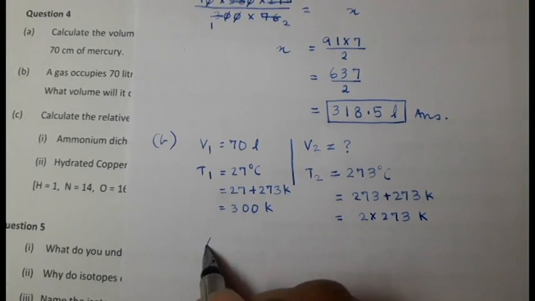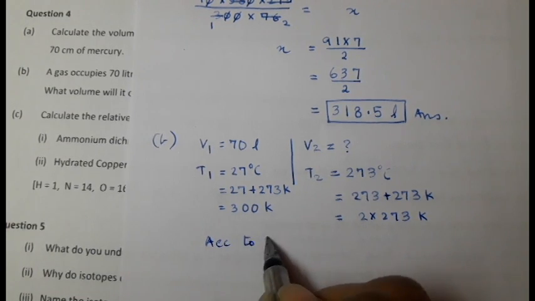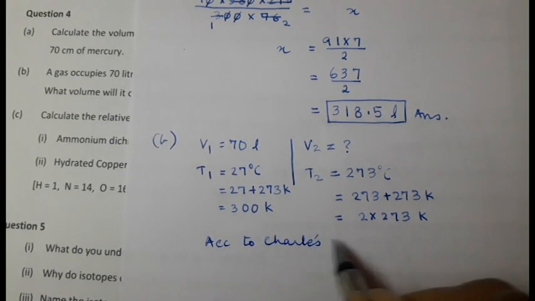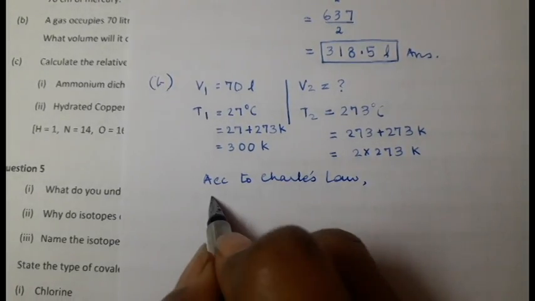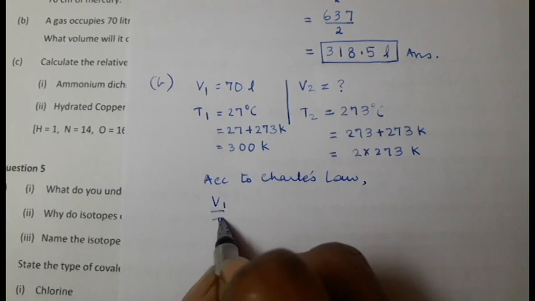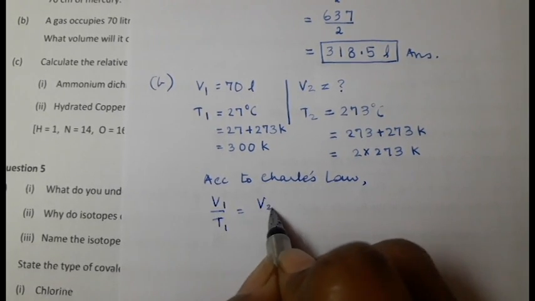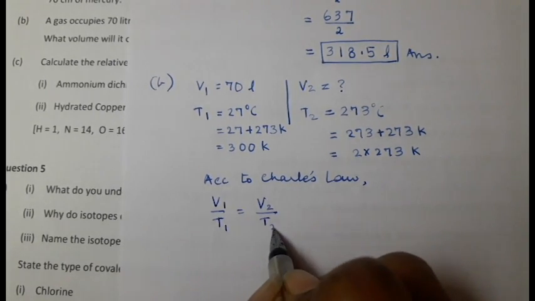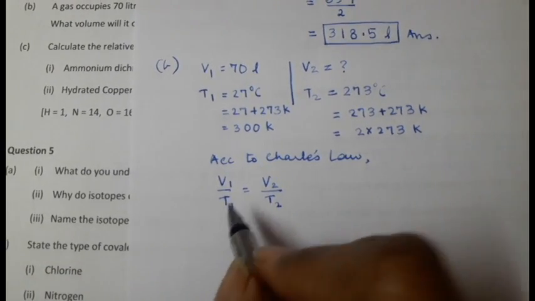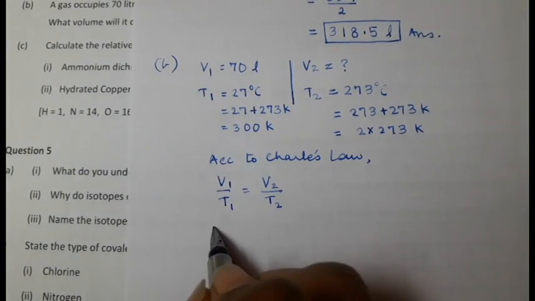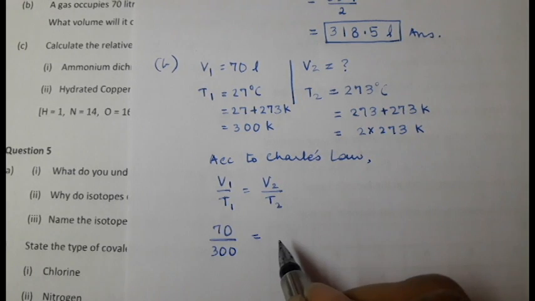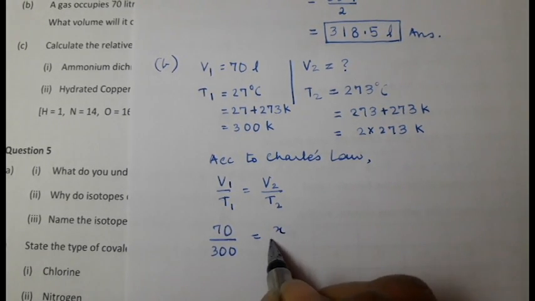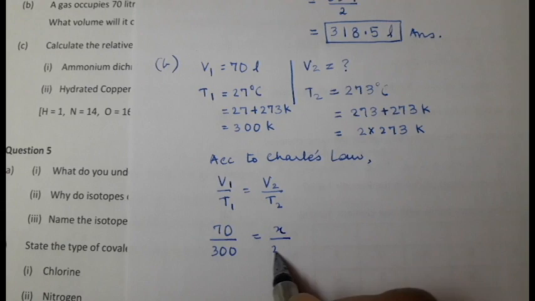So we will say according to Charles' law. Better to write which law we are using. We will have Charles' law expression V1 upon T1 is equal to V2 upon T2. V1, as you can see, it is 70 upon T1 is 300 is equal to V2 upon T2.